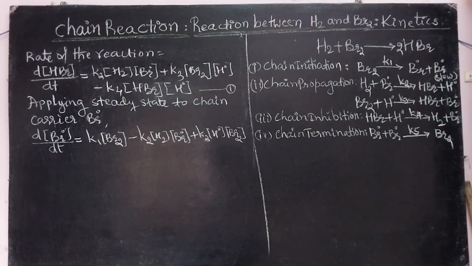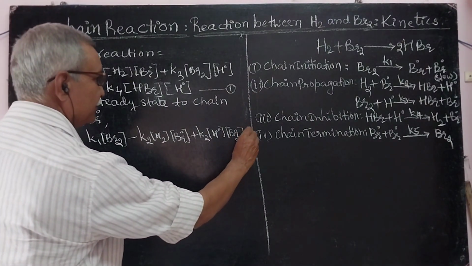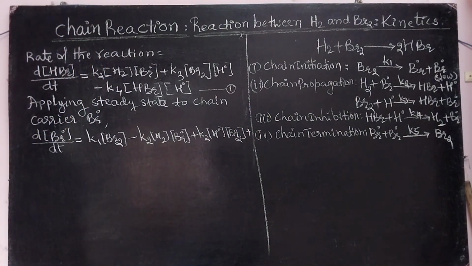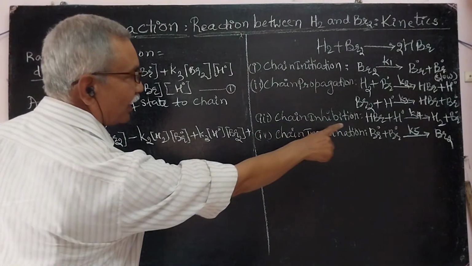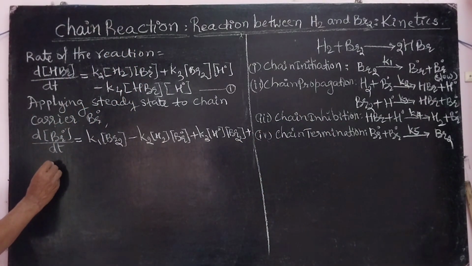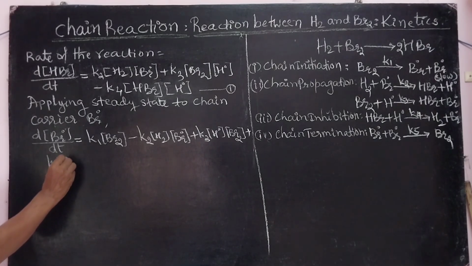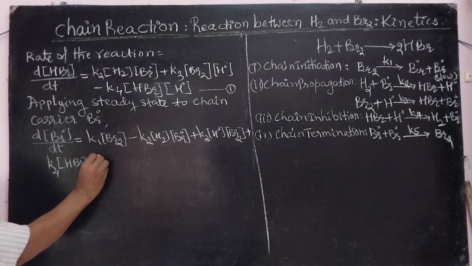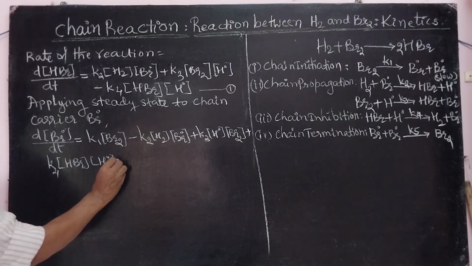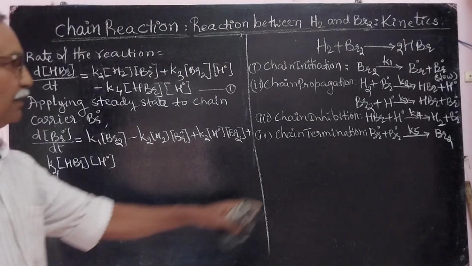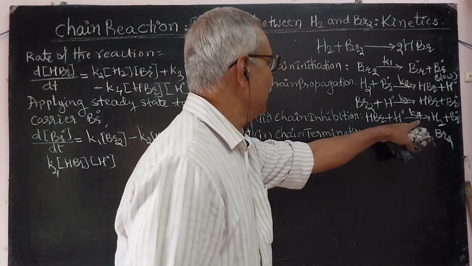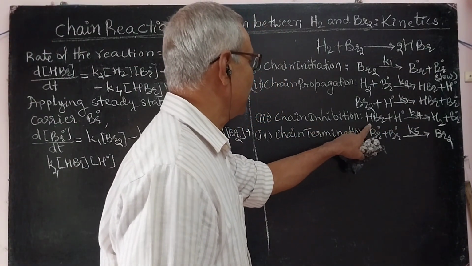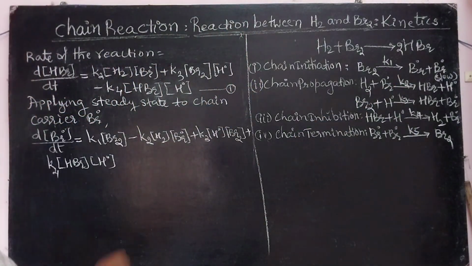Here Br dot is formed, plus K4 into HBr plus H dot. Here the Br dot is formed by this reaction, K4 into concentration of HBr into concentration of H dot.